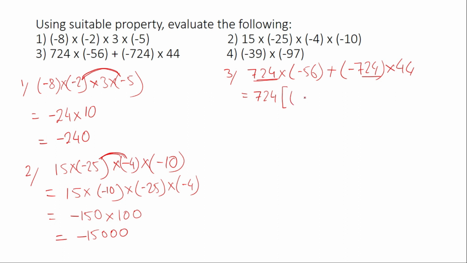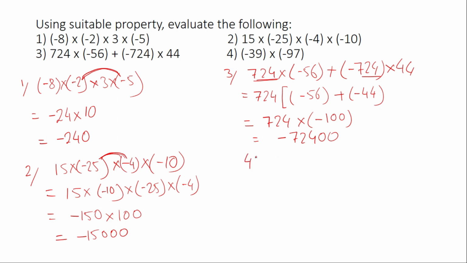What will be left? Minus 56 plus minus 44. Okay, so 724 into minus 56 minus 44, it will be 724 into minus 100. So answer will be minus 72400.